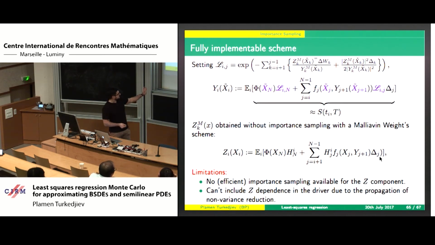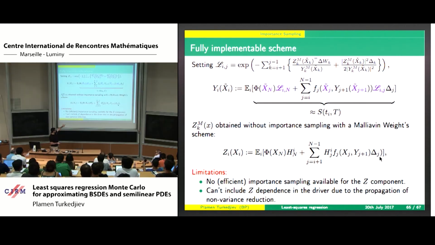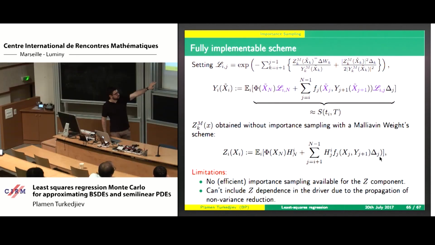The downsides of this scheme were, in fact, we weren't able to effectively leverage some kind of change of variable scheme for the z part, so the z didn't have any variance reduction applied to it. And we also couldn't, in our error analysis, include z into the driver because the lack of variance reduction on z would then propagate onto the y, which would mean everything would break.